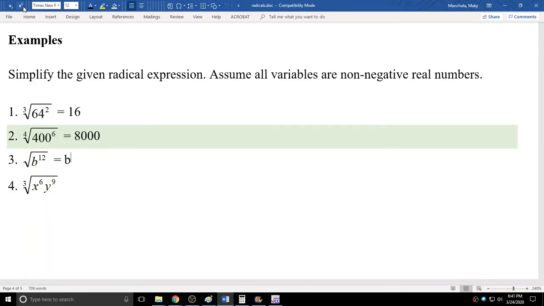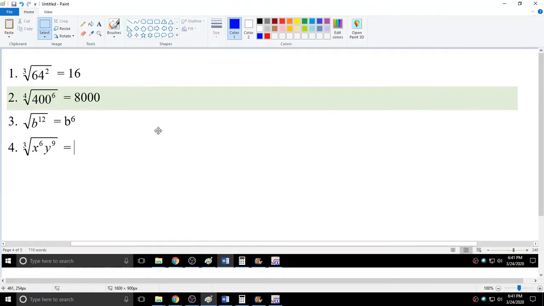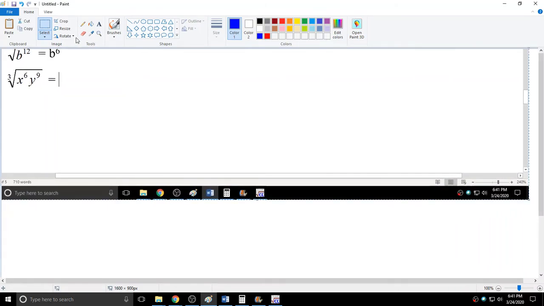Last example in this group is simplify the cubic root of x to the 6th, y to the 9th. So let's first split this up.